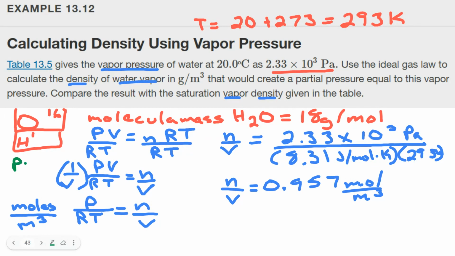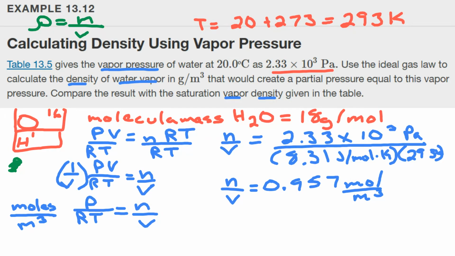Density, which is a funny shaped P, rho, is equal to the mass of the object divided by the volume. Not velocity, volume. Oh, it's been a long day. I did velocity questions earlier today.